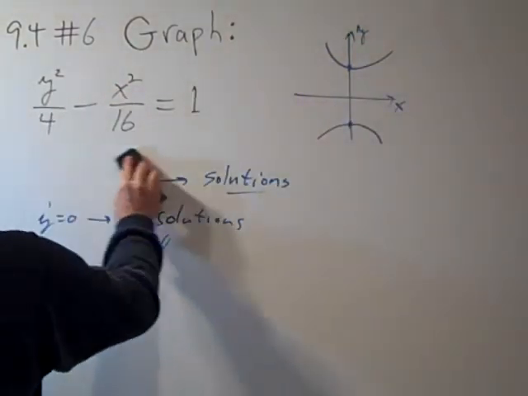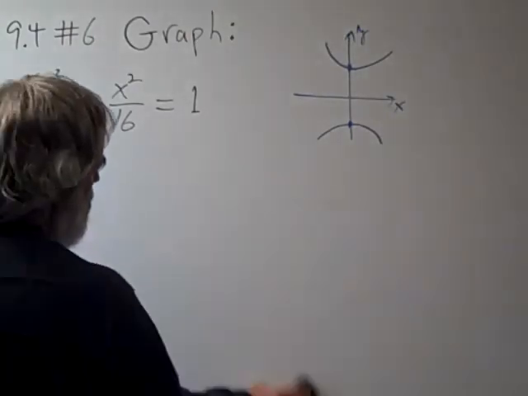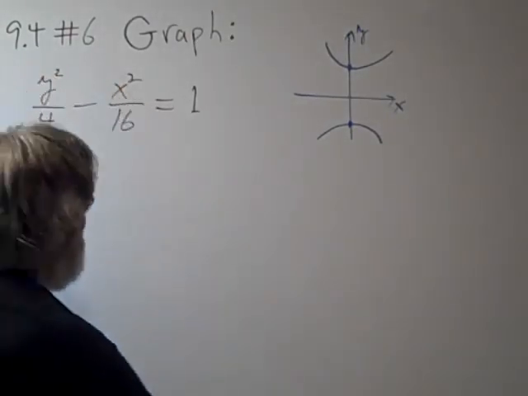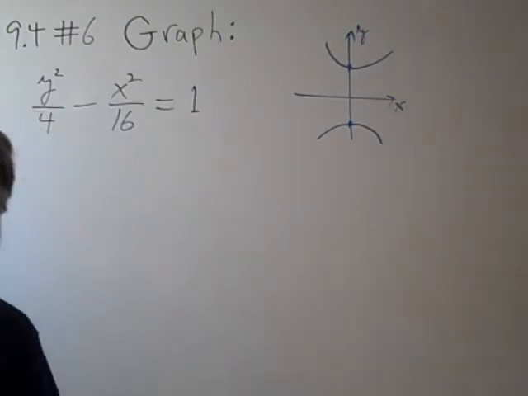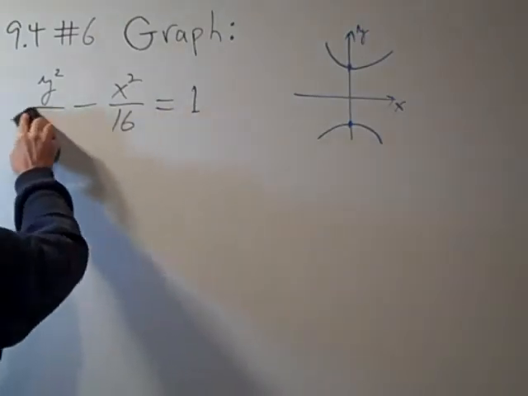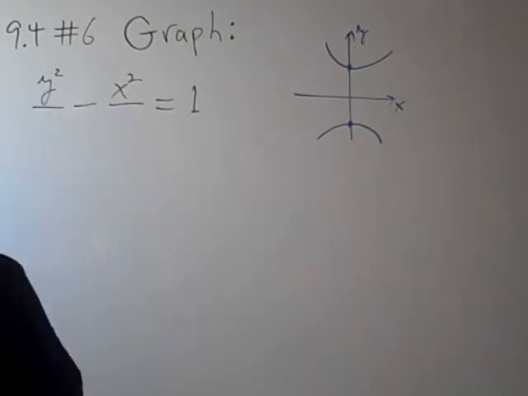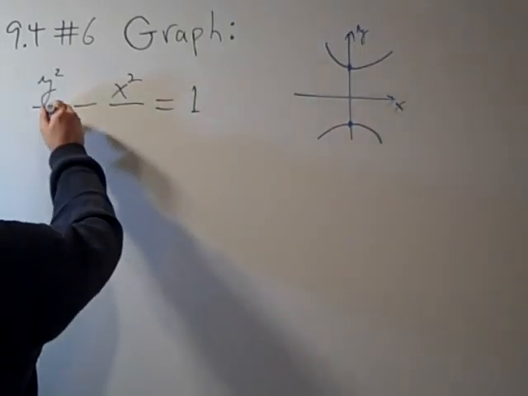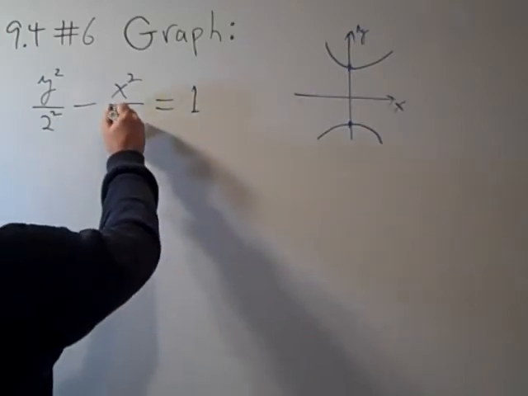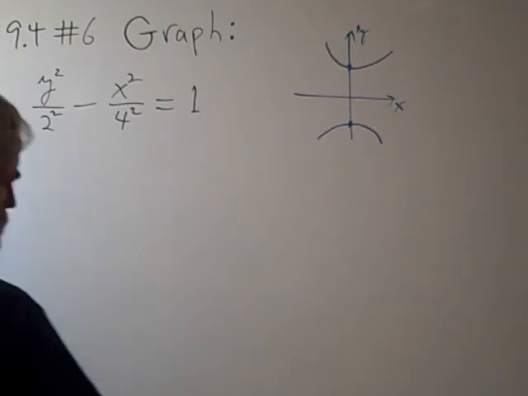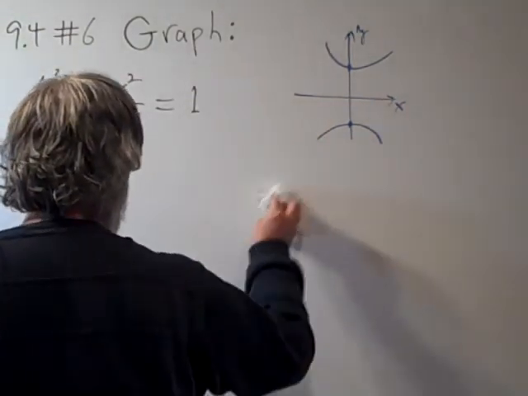Okay, now to graph this hyperbola with two branches, we first rewrite the denominators as 2 squared and 4 squared respectively here. Now we'll construct the box to help guide our drawing of the hyperbola.